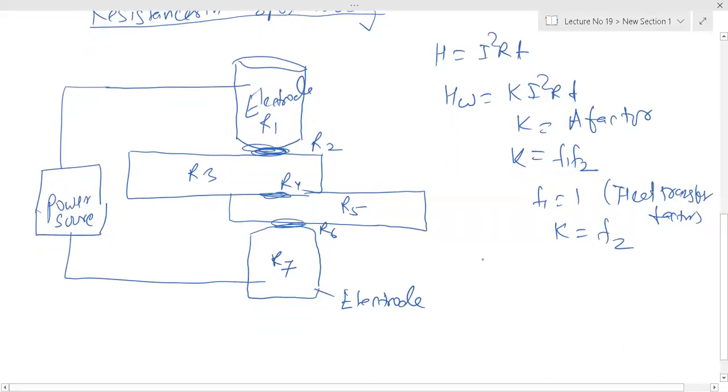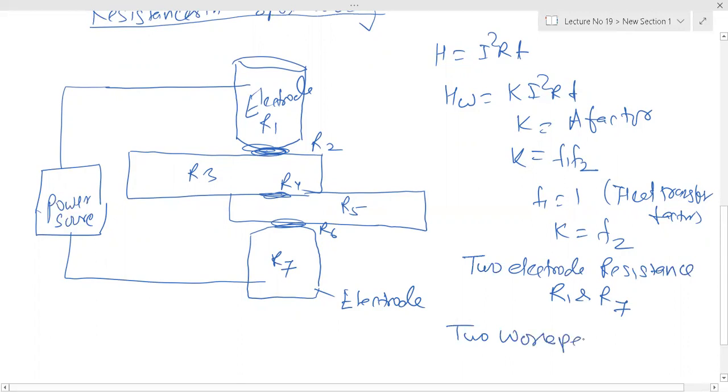Two are electrode resistances, that is R1 and R7, and two workpiece resistances, that is R3 and R5.